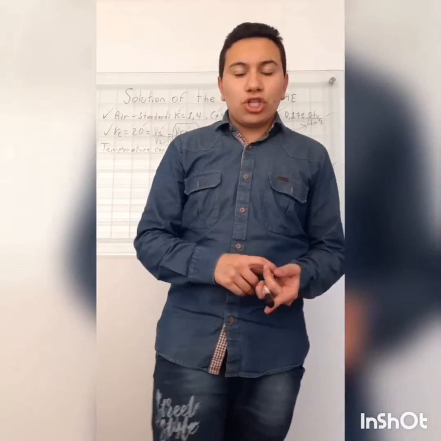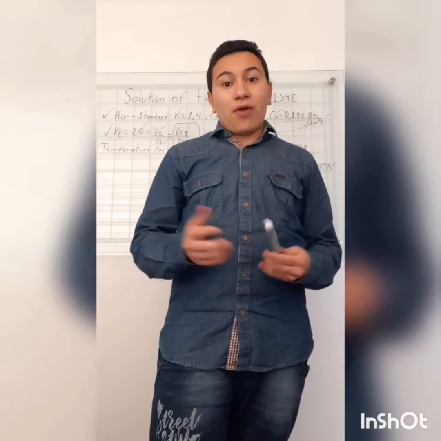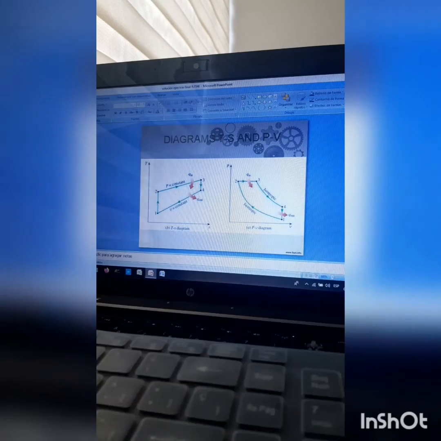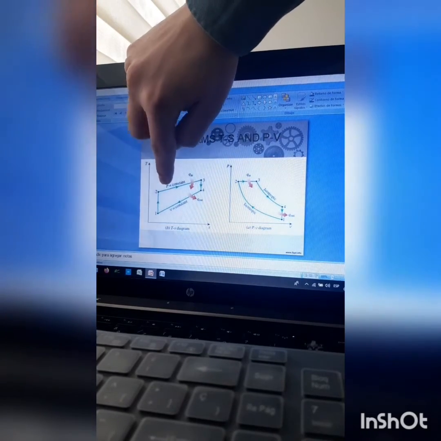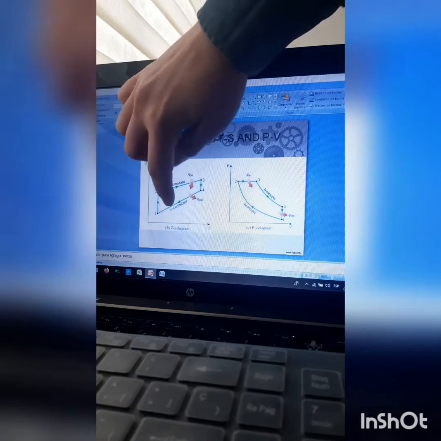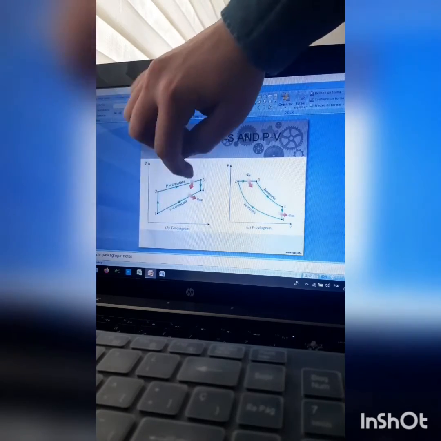Okay, we are going to continue with the other process, with the diagrams. Well, the diagrams TS and PV are these. In this part, this process is a constant pressure process, and this is a constant volume process.